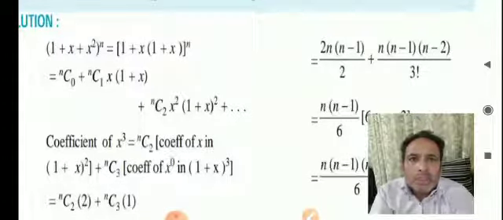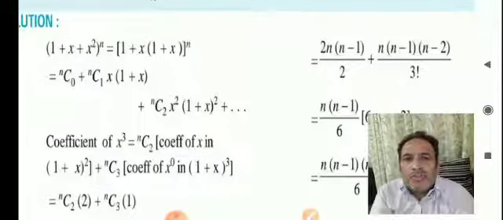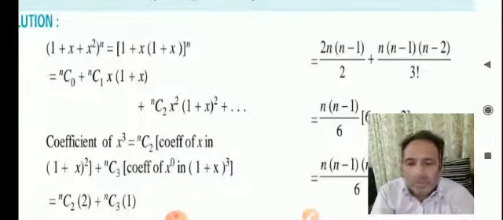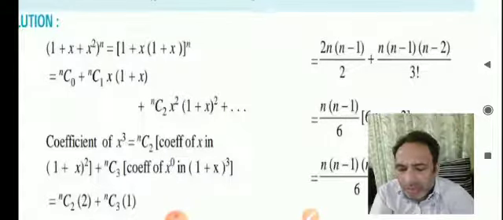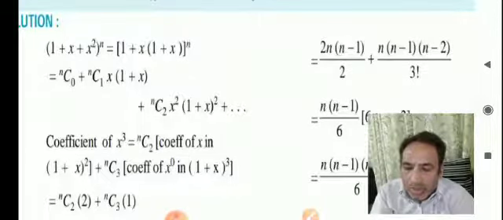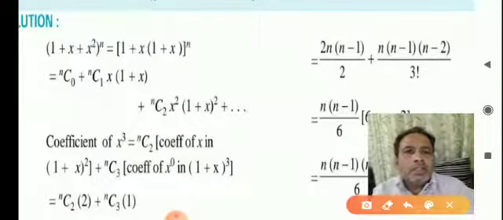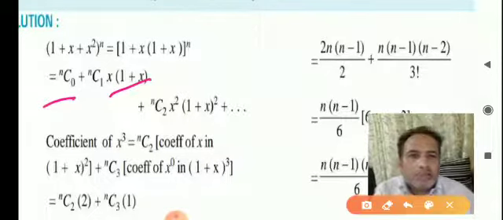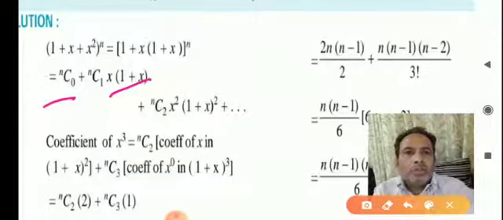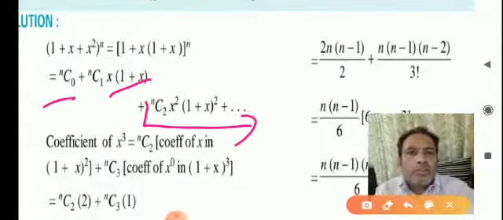So how will you get the coefficient of x cube? If you see each and every term, where will you get it? Undoubtedly, you can't get the coefficient of x cube in the first term and the second term, but from here you can get it.